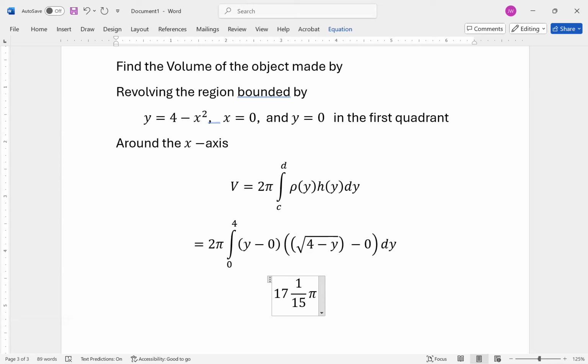My calculator doesn't give me a precise answer on that because, again, we're integrating something with a square root around 0. So it's off by just a little bit, but it's 17 and 1/15 times pi, which is about 53.62.